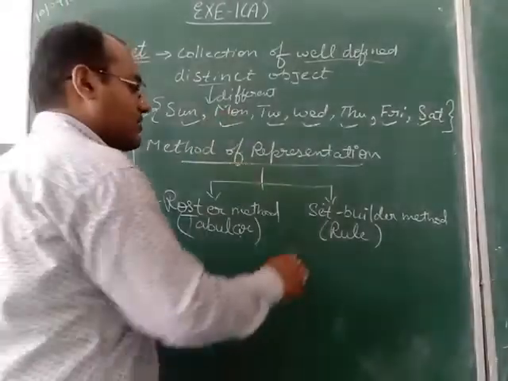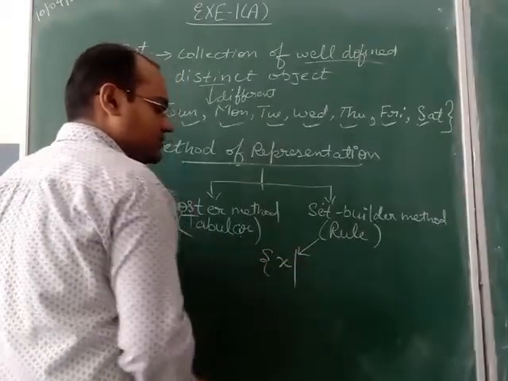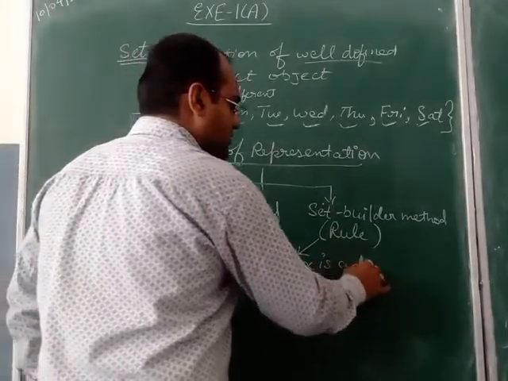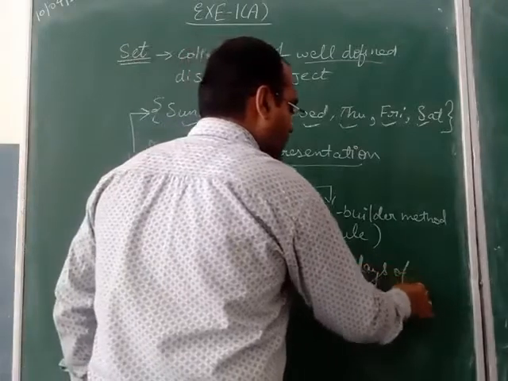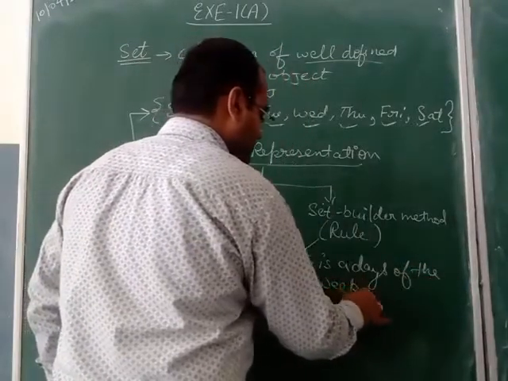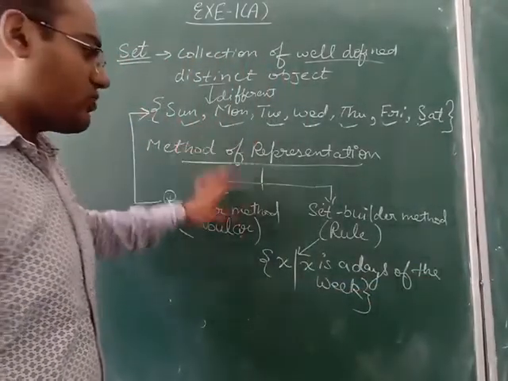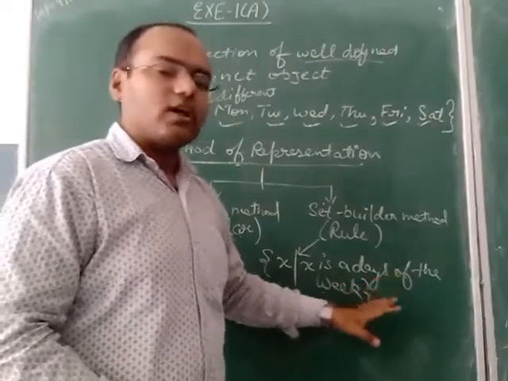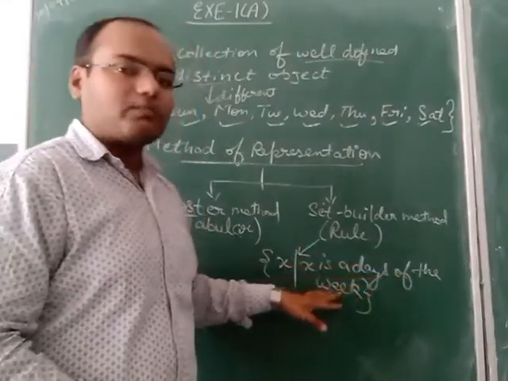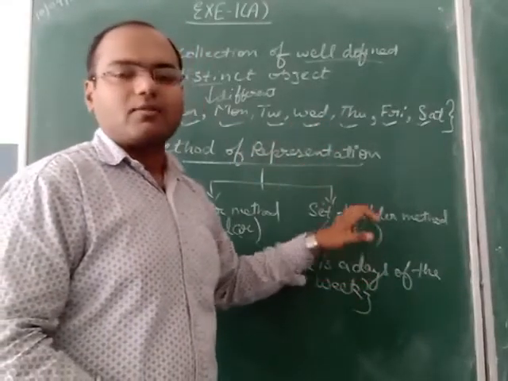So we will write x such that x is a day of the week. Such a way of representation in which we write the characteristic property of these things is known as set builder method.